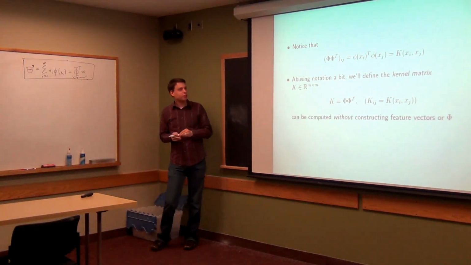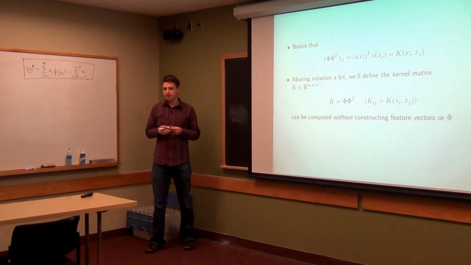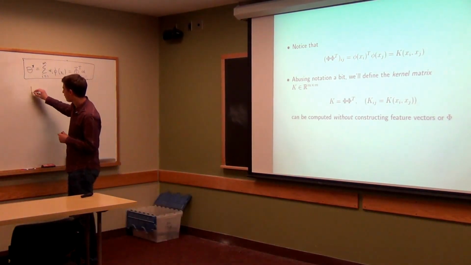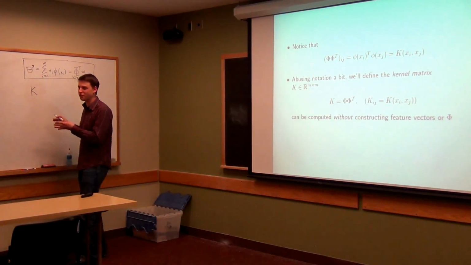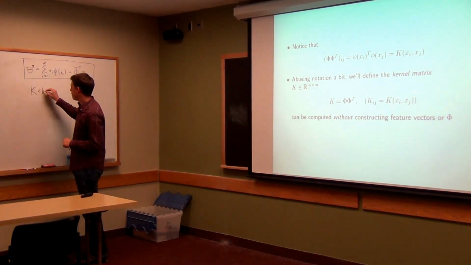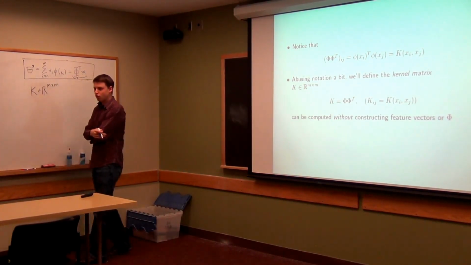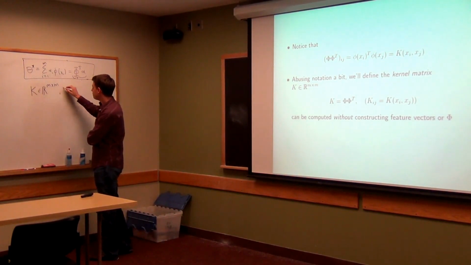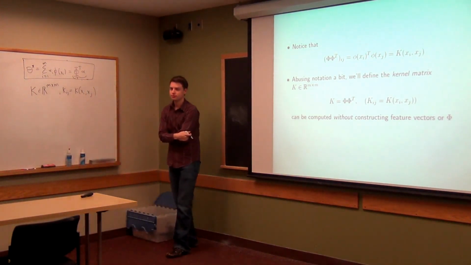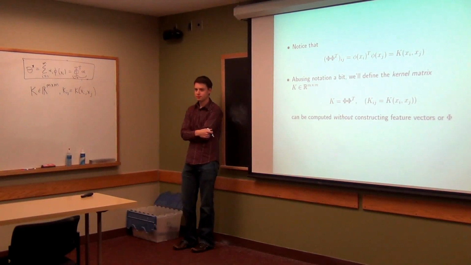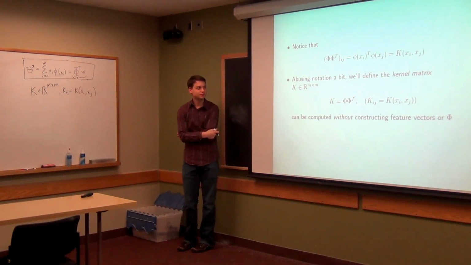So I'm going to abuse notation a little bit and define a kernel matrix K. K was a function before, but I'm going to call it a matrix now, where K is going to be an m by m matrix, where the ijth element, really just for notational convenience, is going to be the kernel of xi and xj. Okay, just going to define that.